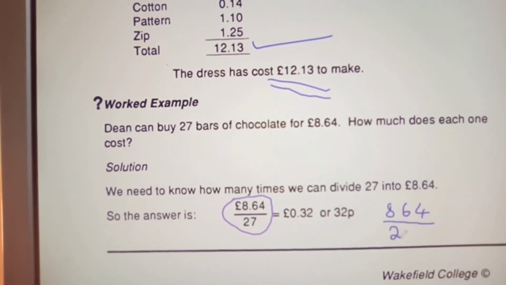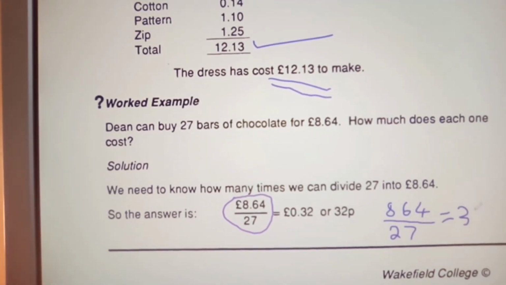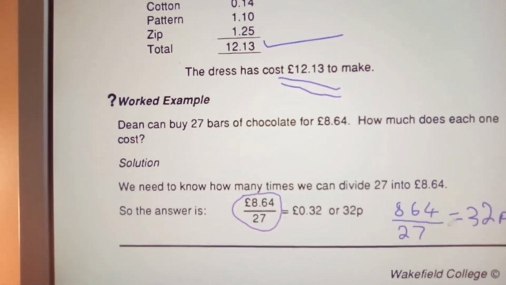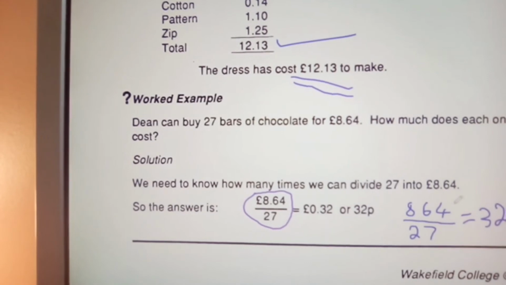Now I've removed the decimal points. So therefore it will simply be equal to 32 pence, which is 0.32 pence.